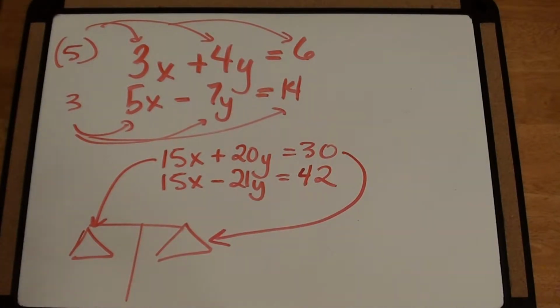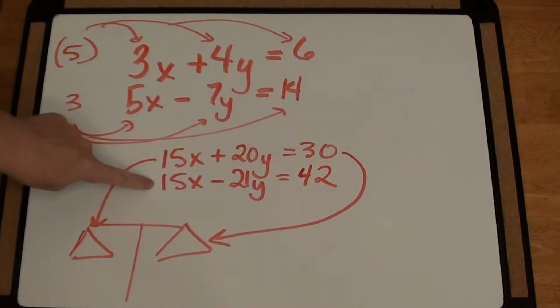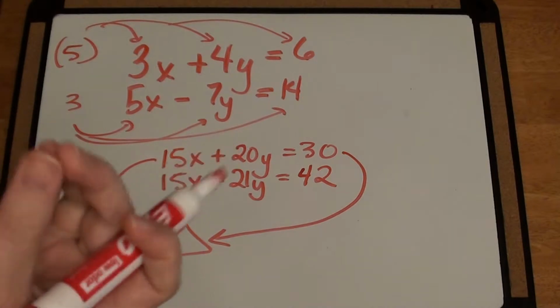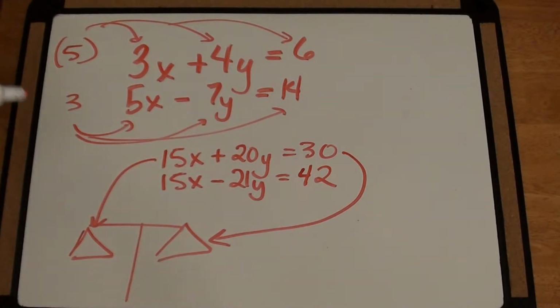And if you put those on, the scale stays exactly balanced because they are the same weight, the exact same value. So since they're on a scale and the scale is even, and this equation also represents another set of scales that are even, if you combined the scales, they should still stay the same weight.